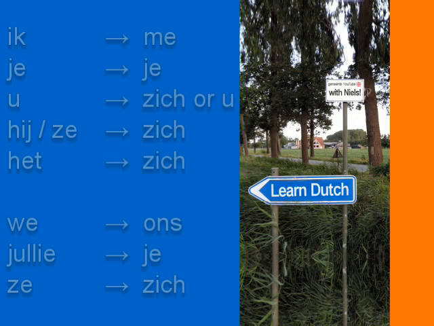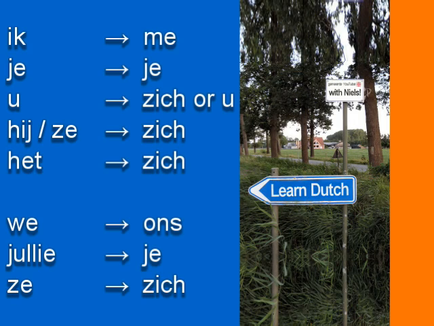Now let's look at all of the reflexive pronouns. It's probably best to write these down somewhere. Ik corresponds to me. Je corresponds to je. That's easy. U corresponds to zich or u. You can choose. Hij, ze, and het, all of them correspond to zich.